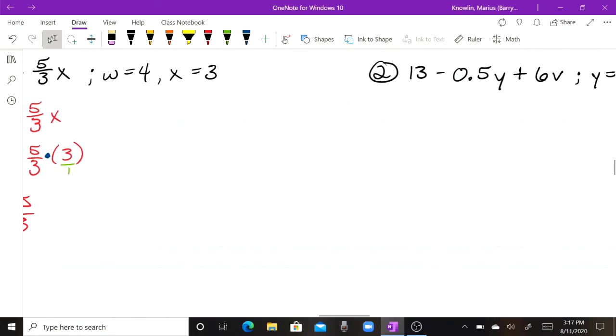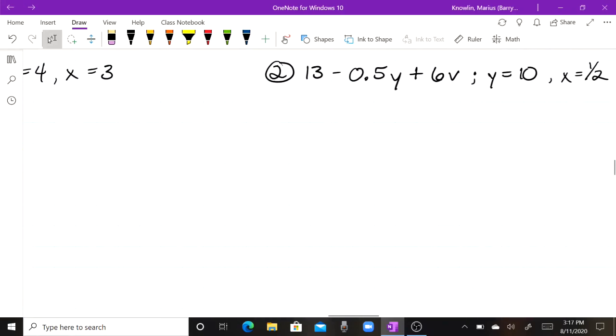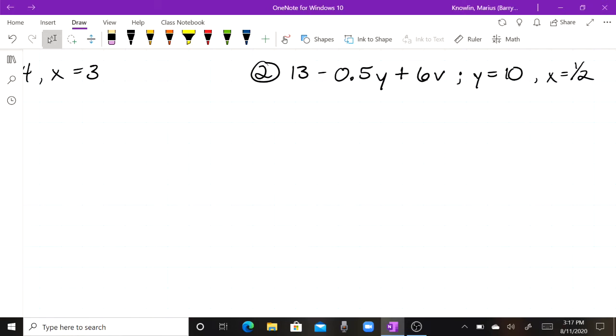All right, let's take a look at this next one, number 2. Number 2 has a mixture of decimals and fractions. So number 2 reads 13 minus 0 5/10 times y plus 6 times v when y is 10 and v is 1/2. Sorry about that, this should say v.